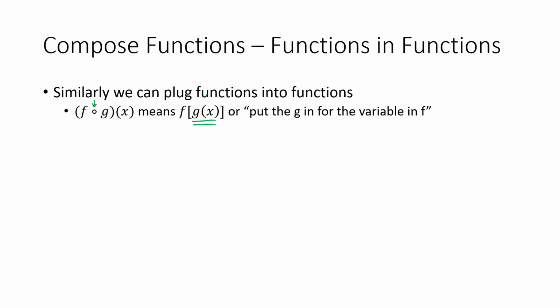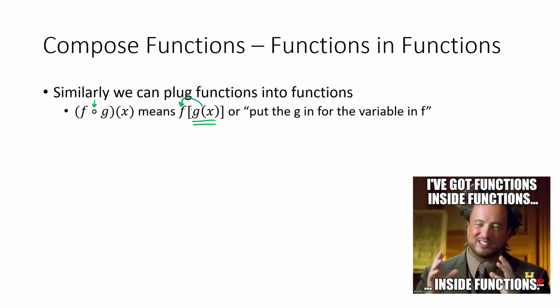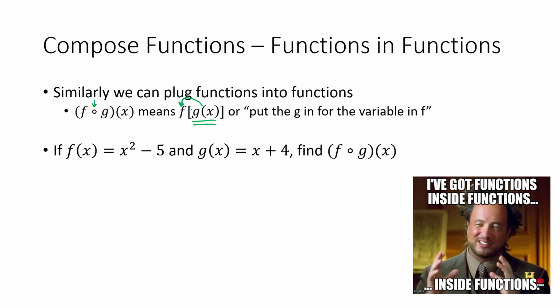That means we're going to put whatever the g function is into the f function. So what you're saying is we've got functions inside of functions. It feels weird, but don't get caught up in the weirdness. Follow the process, and it's actually quite straightforward.